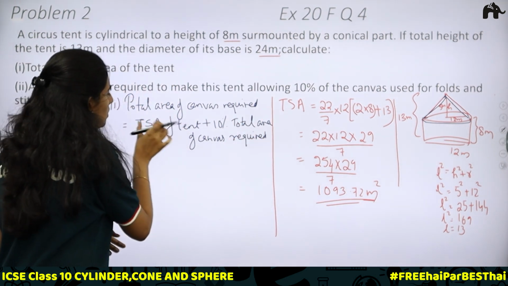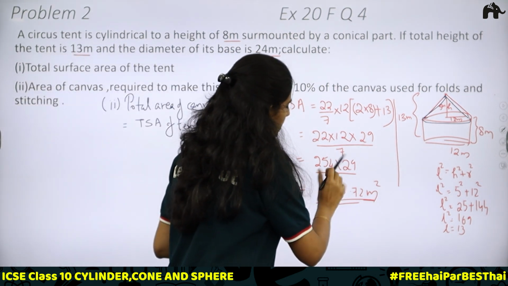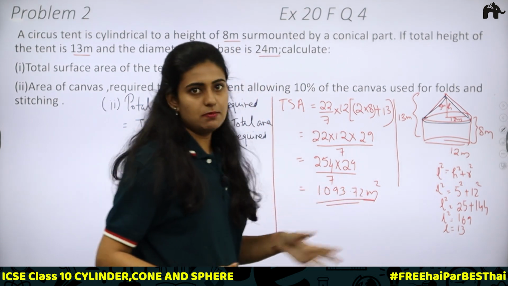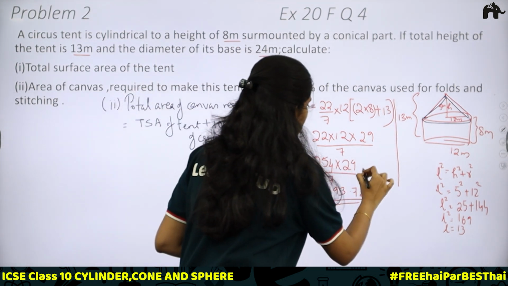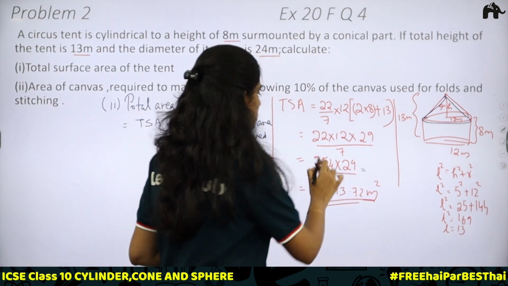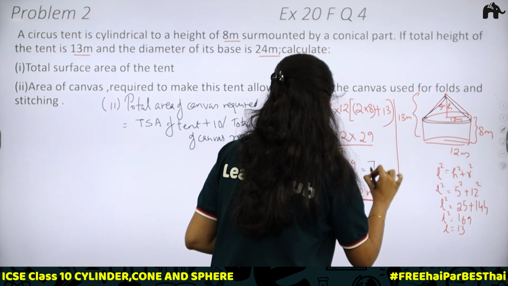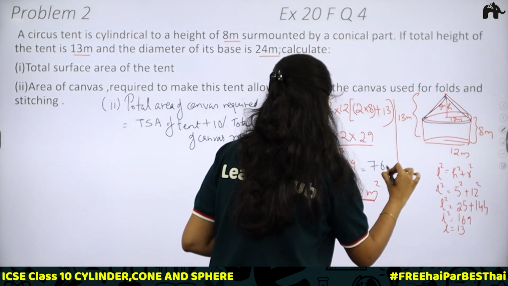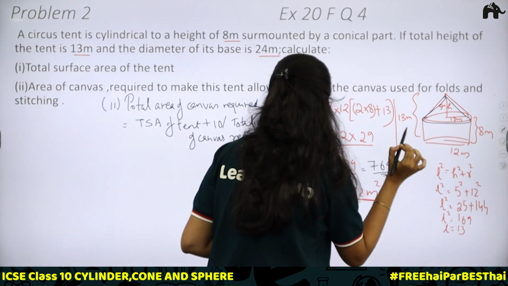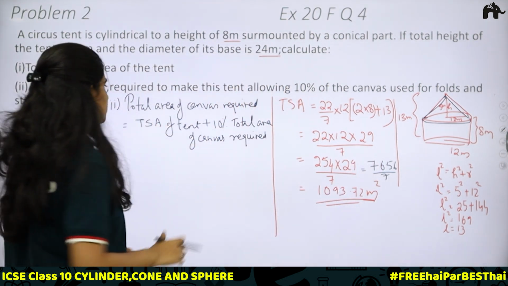We know the total surface area of tent, which is equal to 1093.71 meter square. Here we have the decimal. Let's convert it into a fraction, right? 254 into 29, we get 7656 divided by 7. So this is the total surface area of tent.